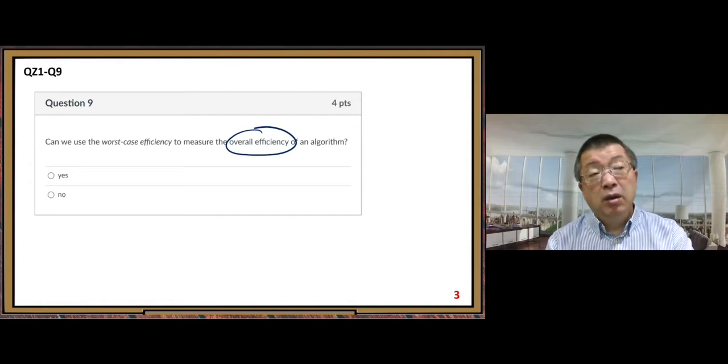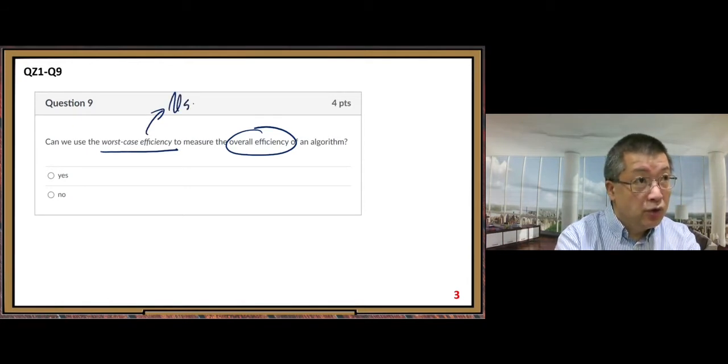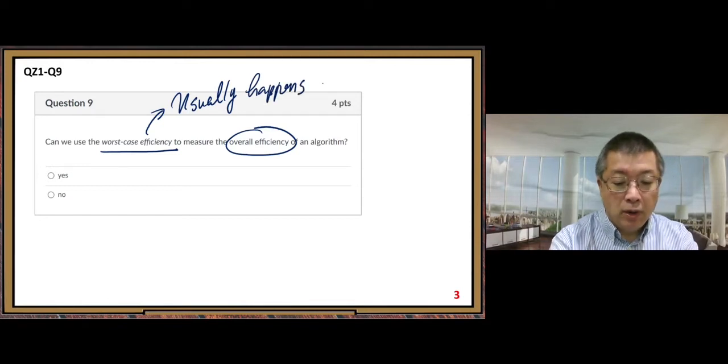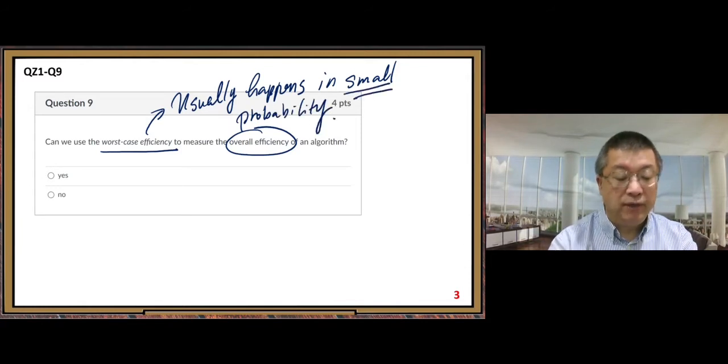Not a good measurement, because the worst case efficiency usually happens with small probability. Very small.